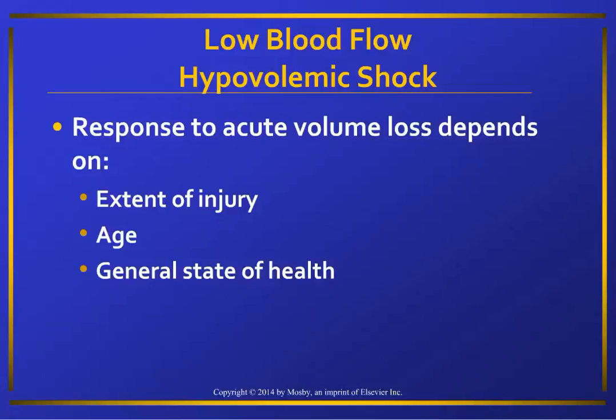Further loss, up to 30%, will result in sympathetic nervous system mediated response. This response results in an increase in the heart rate, an increase in the cardiac output and respiratory rate and depth. Stroke volume and central venous pressure, or CVP, and pulmonary artery wedge pressure, or PAWP, are decreased because of the decreased circulating blood volume.